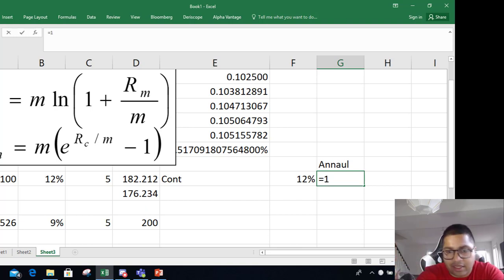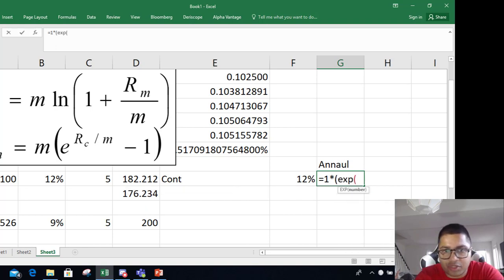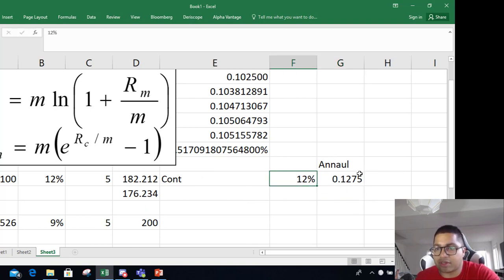So we use 1 times the exponential, e to the power of the given rate, 12% divided by 1, minus 1. So if the continuously compounded rate given is 12%, the annual effective rate becomes 12.75.